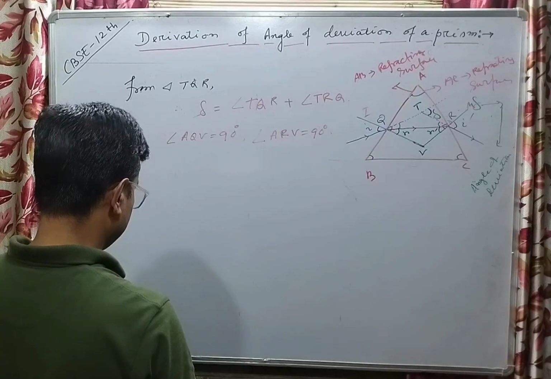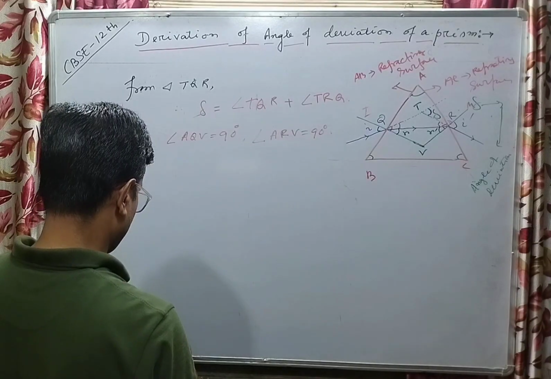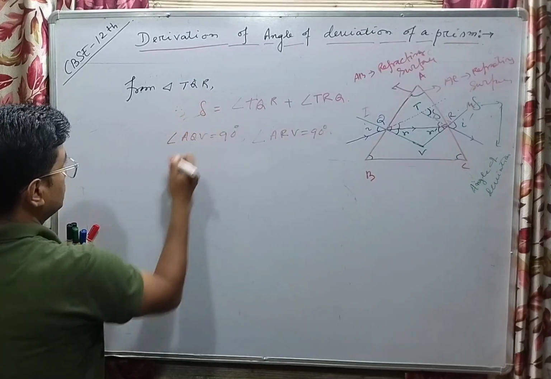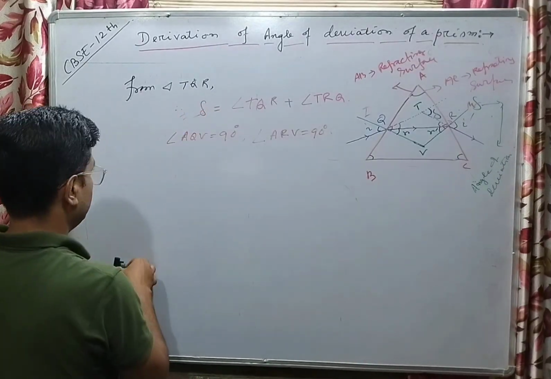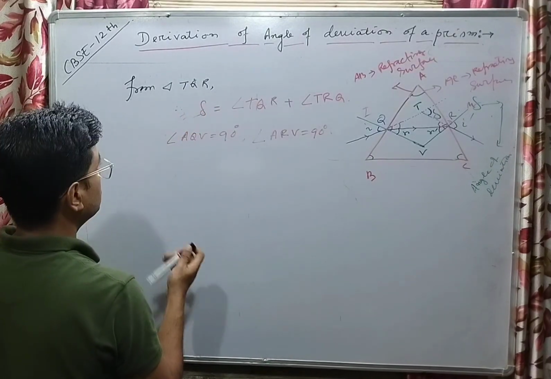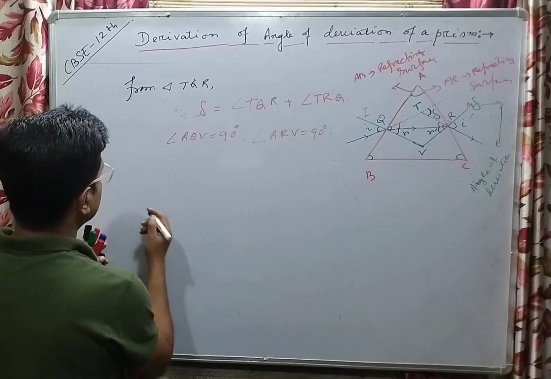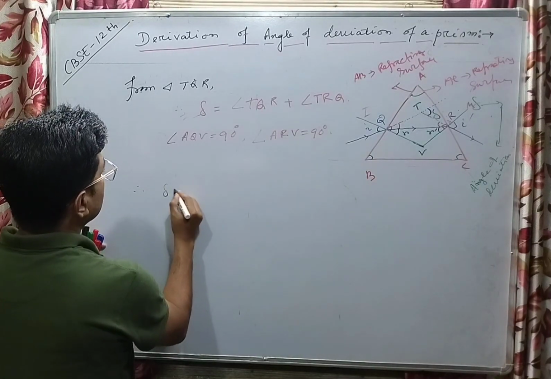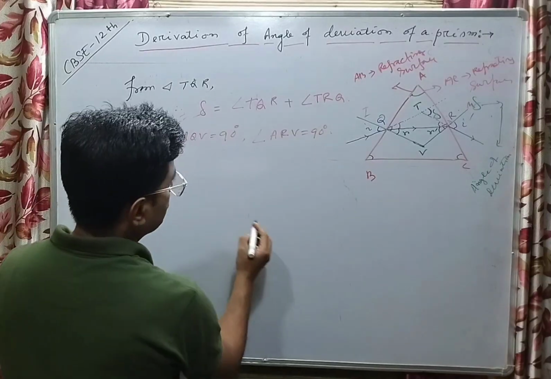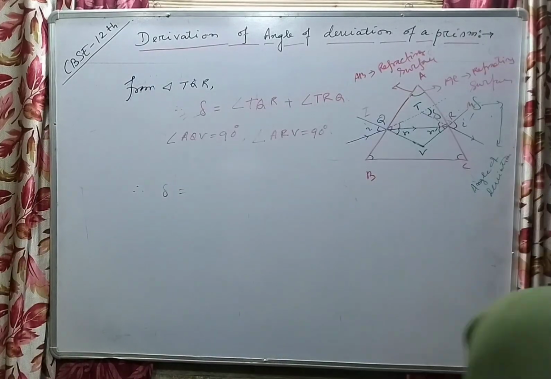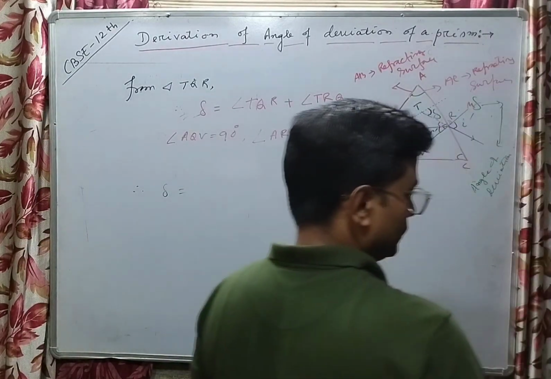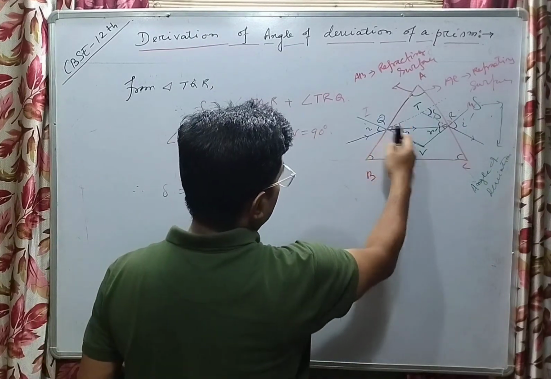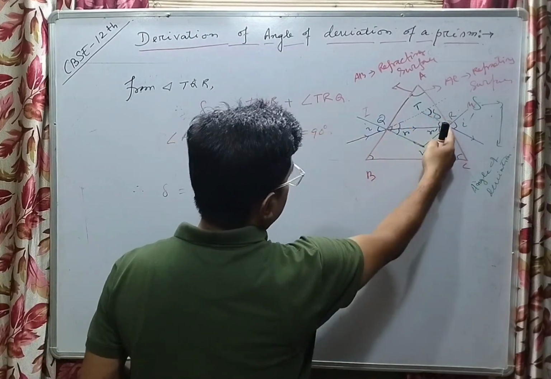Now students, from here delta is equal to angle TQR plus angle TRQ.